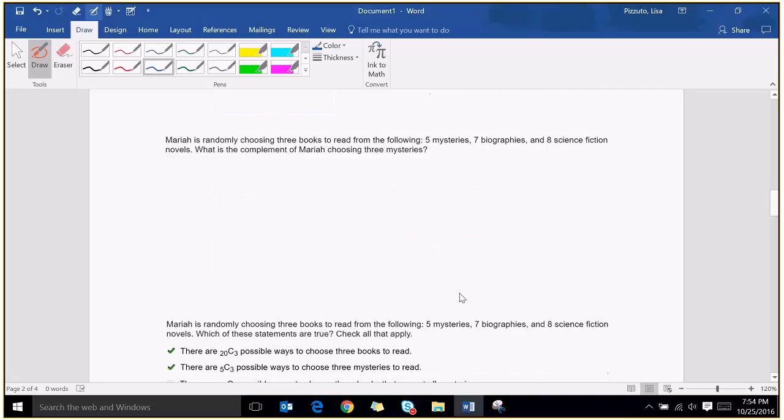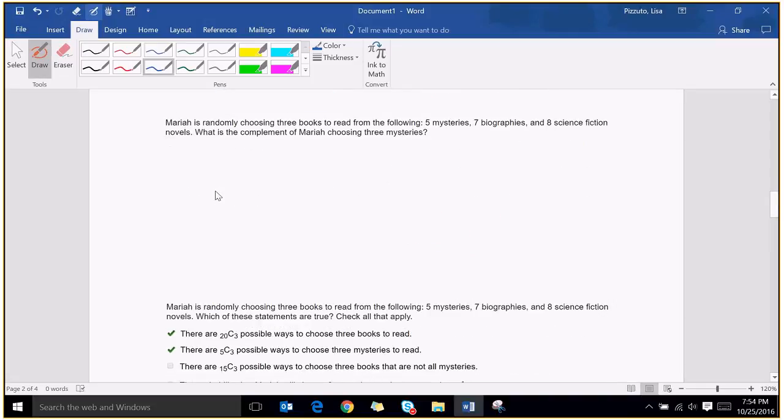All right. Next. It says Mariah is randomly choosing 3 books to read from 5 mystery books, 7 biographies, and 8 science fiction books. Now here it says, what is the complement of Mariah choosing 3 mystery books?